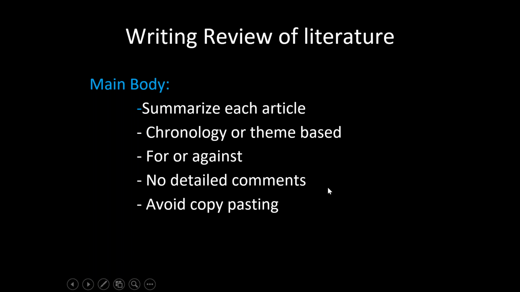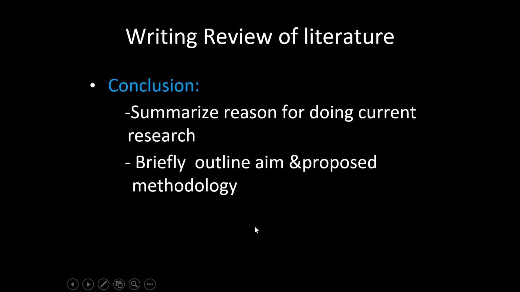There are no detailed comments here, all the discussion will go to the discussion part. You get only 4 to 5 pages for a review, and in the template it's even less, so no detailed discussion is possible. And avoid copy pasting, as I told you.